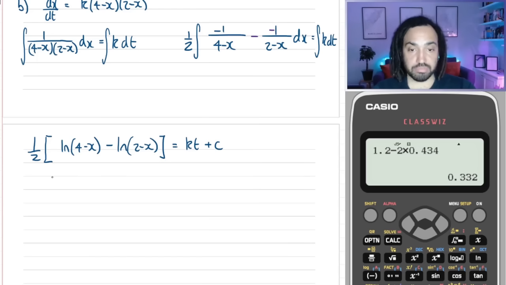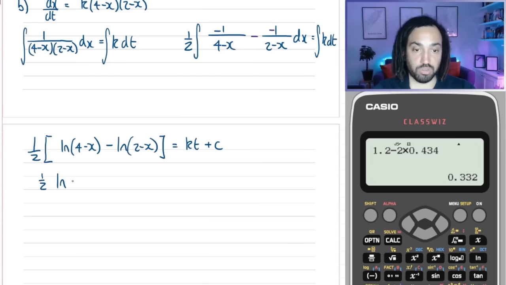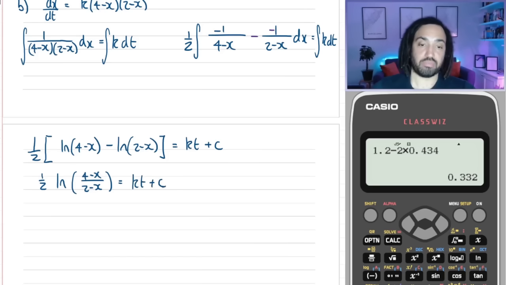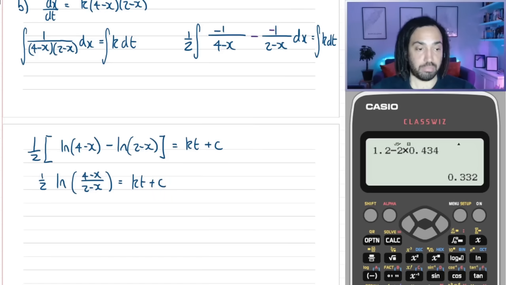Okay, what we can do next is we can collect these lns up. So this is going to give us a half of ln, and we're going to have 4 minus x on top and 2 minus x on the bottom, and then kt plus c. Okay, great.